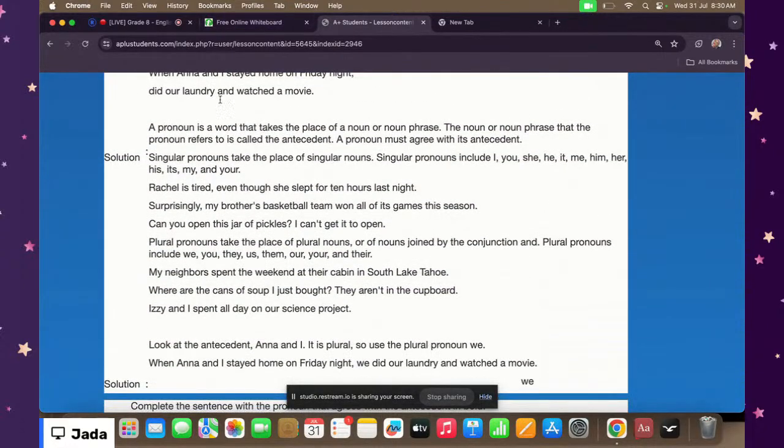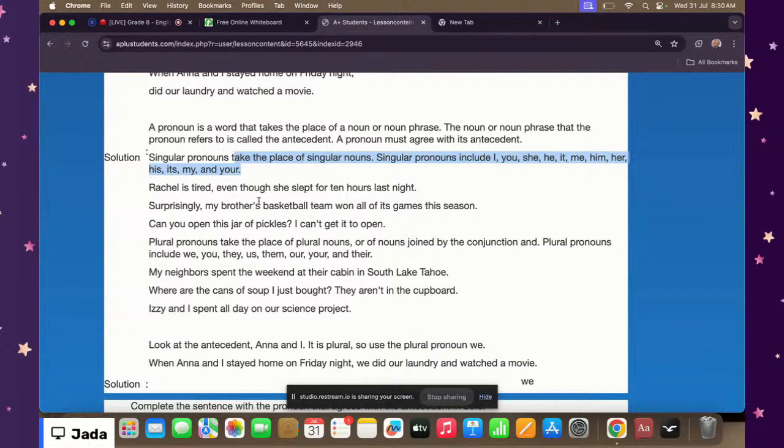Singular pronouns take the place of singular nouns. Singular pronouns include I, you, she, it, me, him, her, his, its, my, and your.